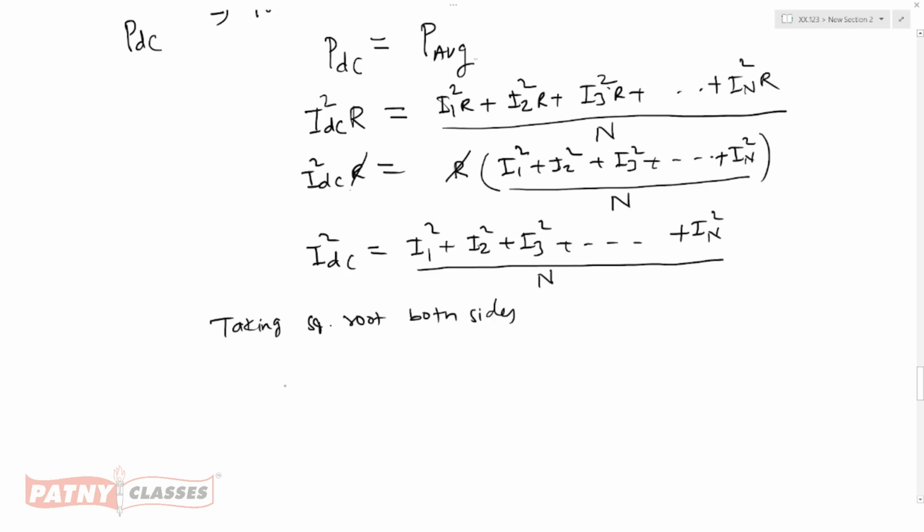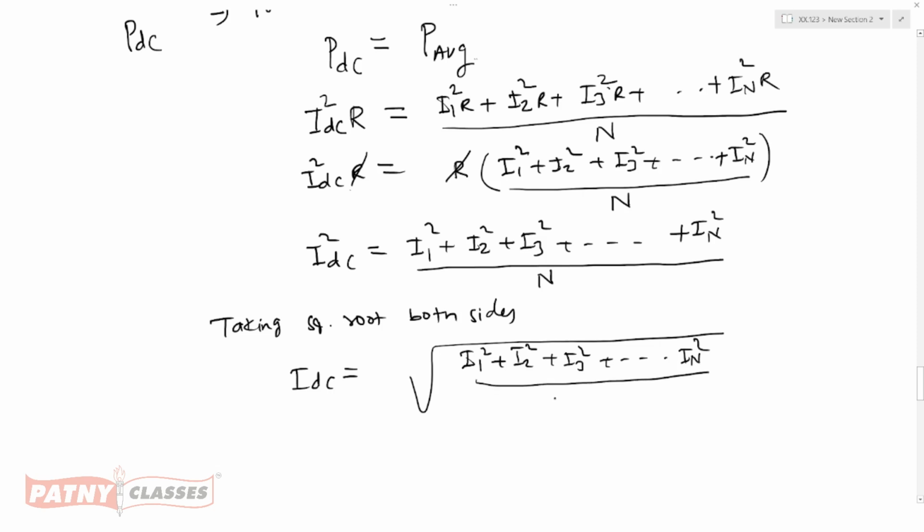So we get here IDC equals to under root of I1 square plus I2 square plus I3 square plus and so on In square divided by n.